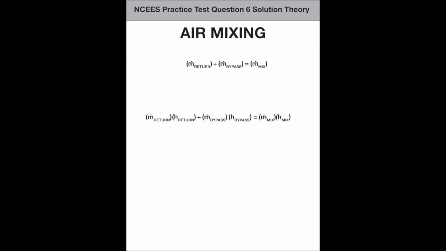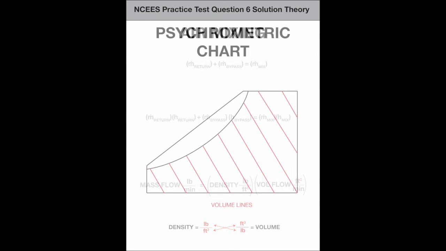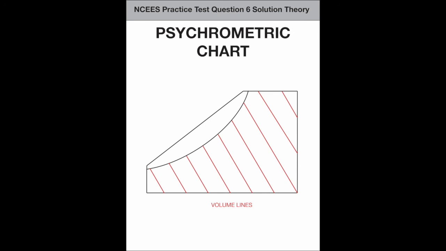To use these equations, you'll need to determine the mass flow and enthalpy of the two streams. For mass flow, multiply the density in pounds per cubic feet times the CFM to get pounds per minute. Density is the reciprocal of volume. Volume can be found on a psychrometric chart. So can enthalpy.